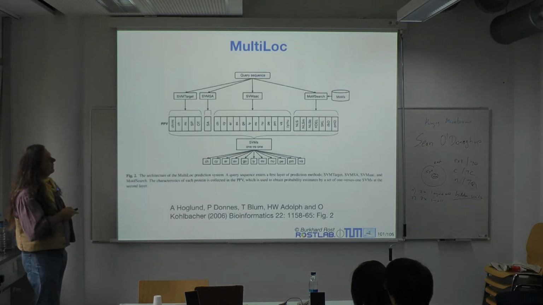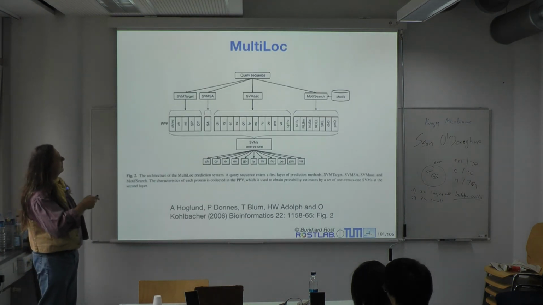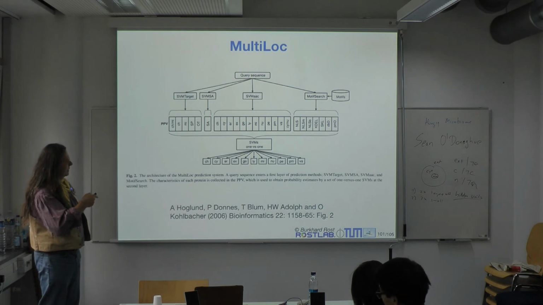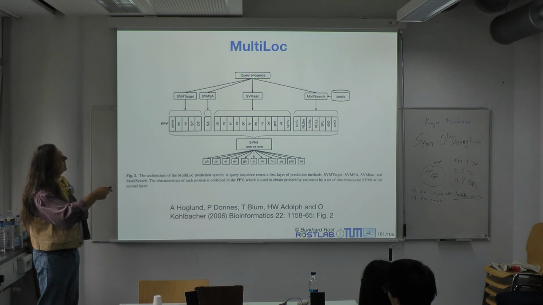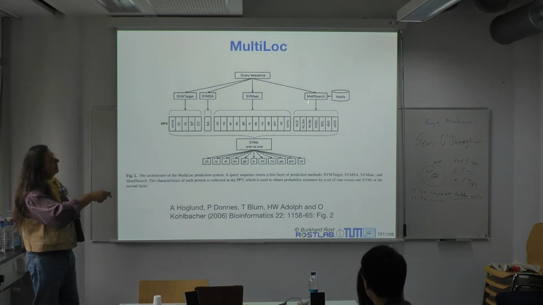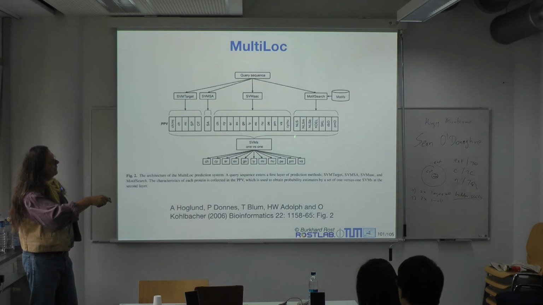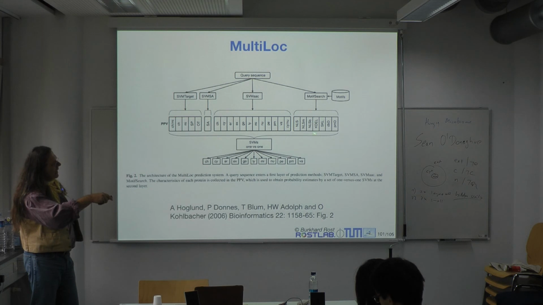Multilog is in fact one of those methods, much more advanced than ours. Ours originally was, so this is a query sequence that goes through a bunch of decision making. So here's the motif search, and this idea is really going back to p-sort, where, for instance, here is this one nuclear localization signal motif that I showed you before. That happens to be a not very well working ER retention motif.